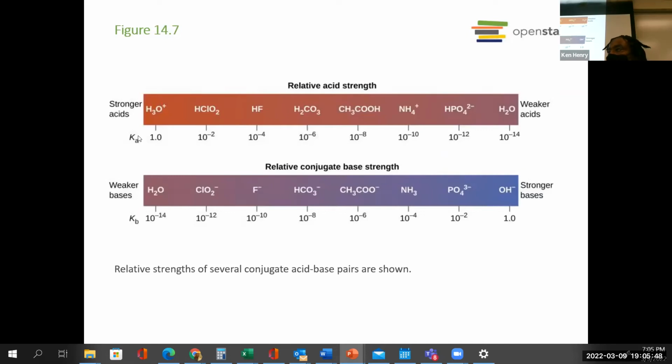Here are some examples. This is on the acidic scale. So the hydronium ion is 1 Ka. This is chlorous acid.